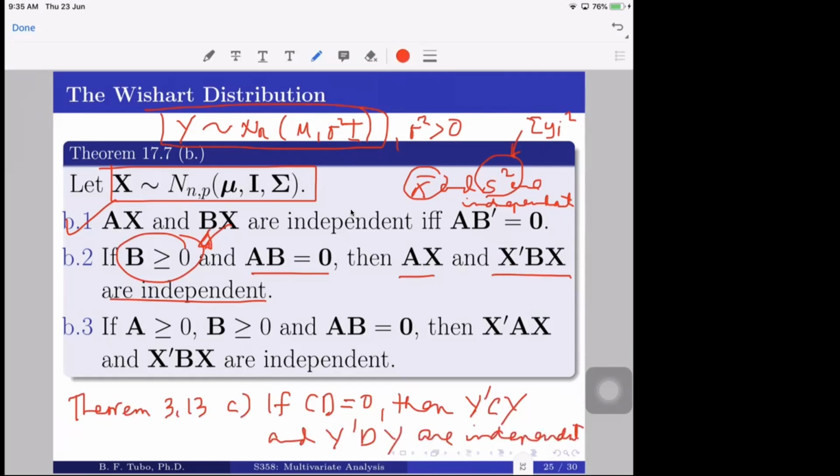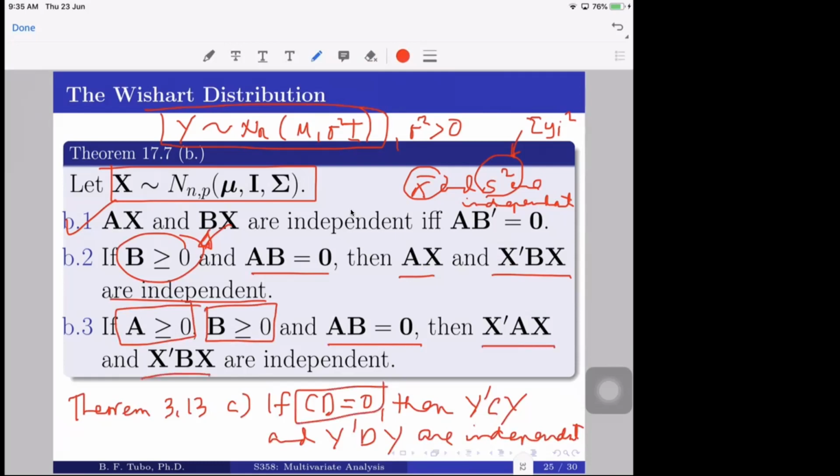So in here, the added conditions are that A should be a non-negative definite matrix, and B is also a non-negative definite matrix, and then AB is 0.